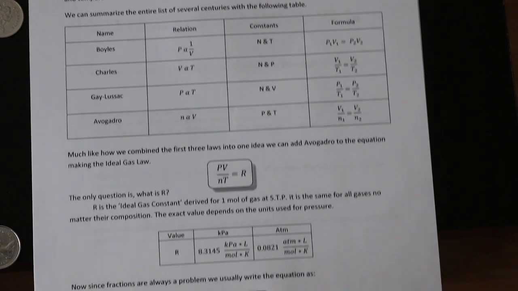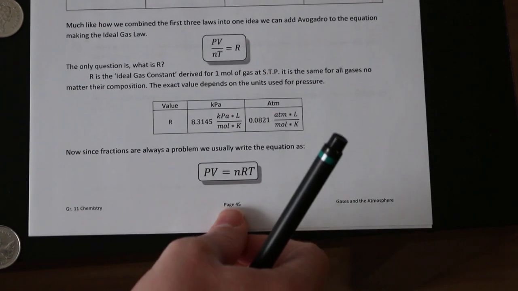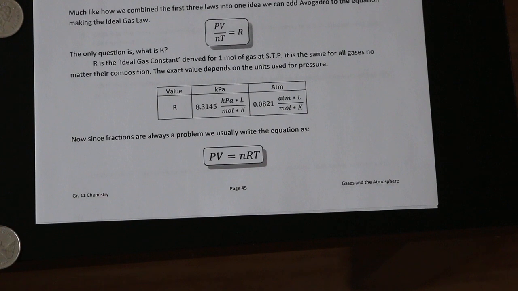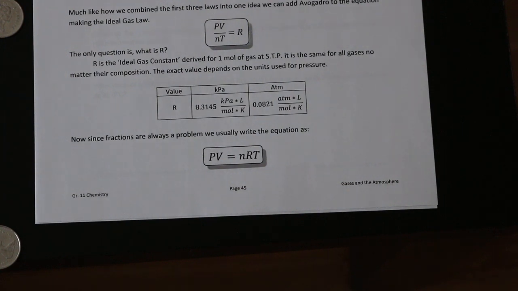Okay? So taking that into consideration, we can come up with this equation here, which is PV equals nRT, which pretty much allows us to take our amount of gas in moles, which is n, and equate it to its pressure, its volume, its temperature, and that R term is actually a constant for all gases.